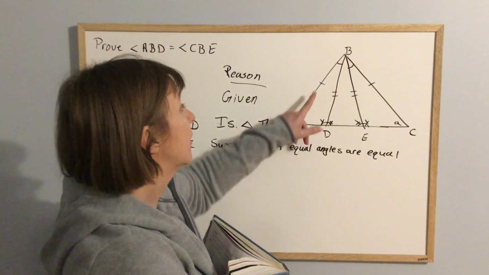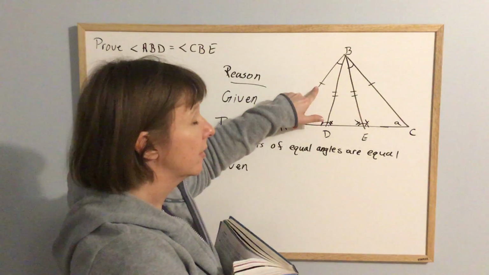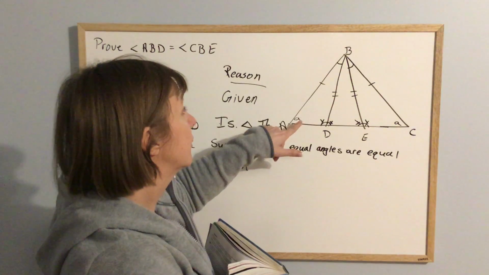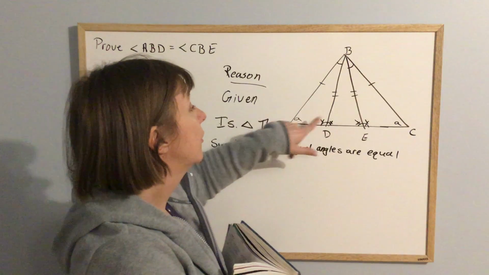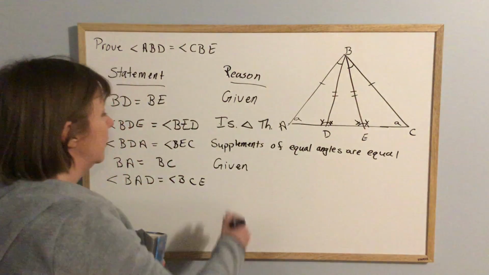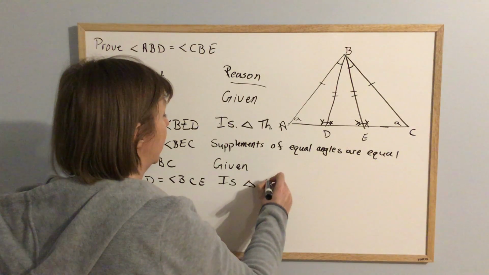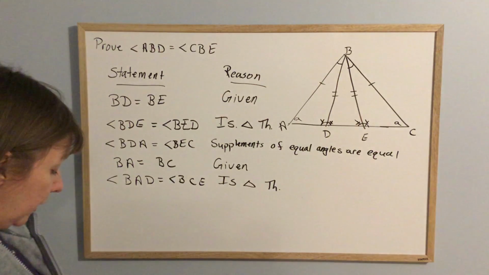Because it wasn't given to us, but they did give us that these opposite sides are equal, which according to the isosceles triangle theorem means that this big triangle here is an isosceles triangle. So these opposite angles would have to be equal. So again, I would say the isosceles triangle theorem. And I'm lazy, I don't want to write it all out.